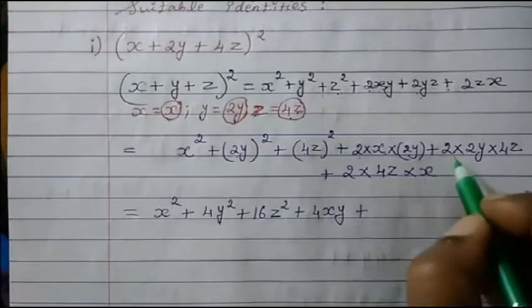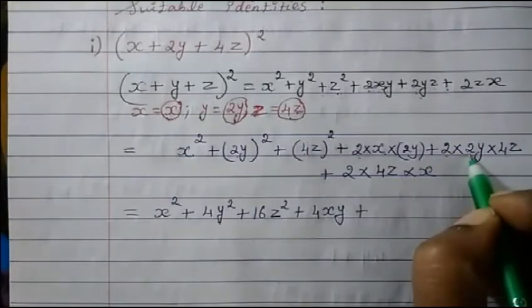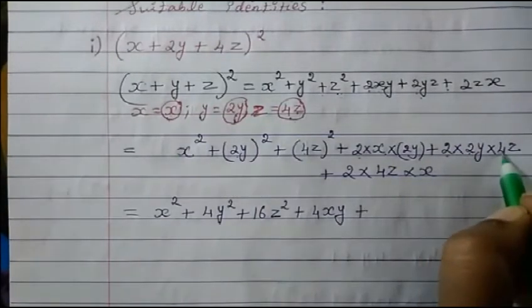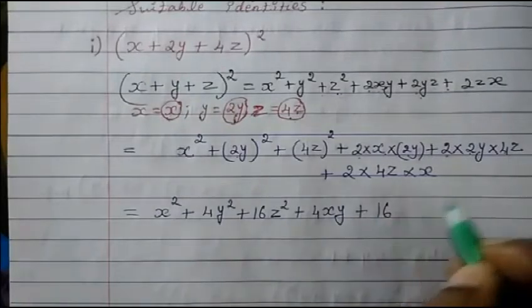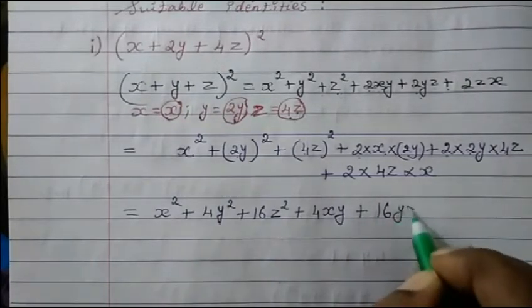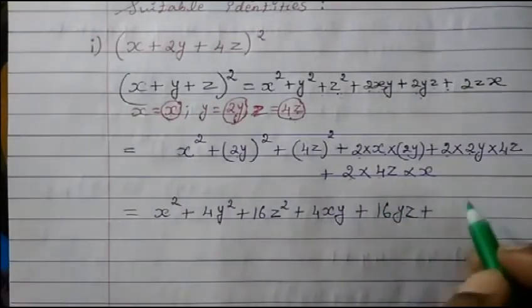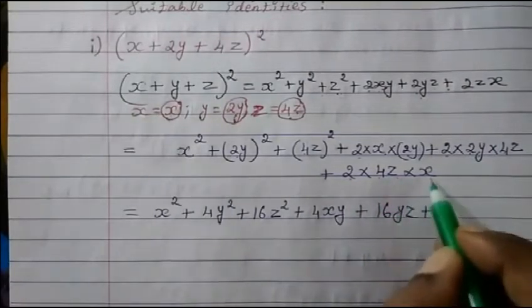Now plus, 2 2's are 4, 4 into 4 is 16, so we have 16yz, plus here 2 4's are 8, 8zx.